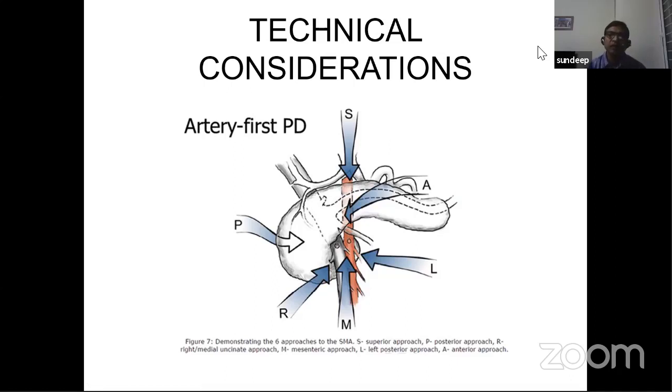But in my limited experience, in all the borderline resectable patients in which we had to do venous resections, we did it by a normal approach without going for an artery first approach. Maybe the reason is that in all of our patients, there was no ambiguity in terms of arterial involvement or its relation to the extent of 180 degrees. It is purely a venous involvement case.